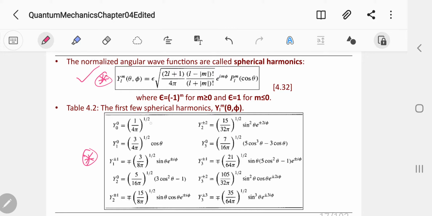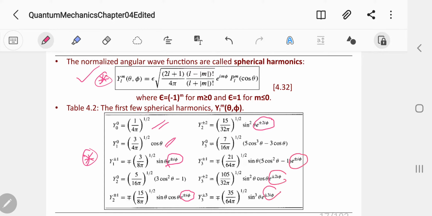So for Y_0^0, this is that. For Y_1^0, this is the expression. So you will have cosine. Then looking at this one, there's a presence of exponential positive and negative i phi here also, and here, and here.